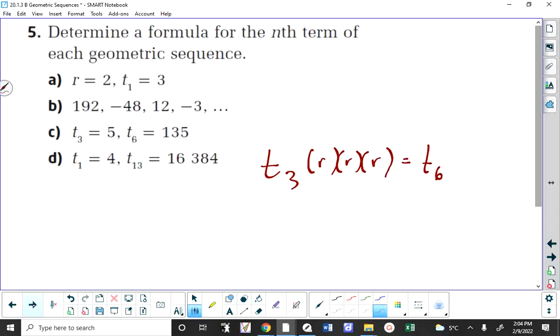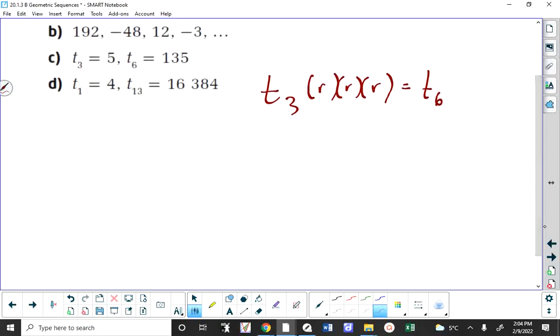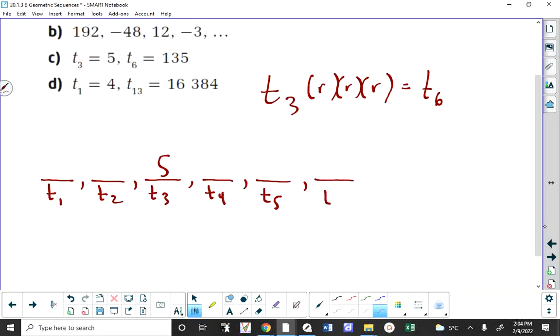So those people do not need to visually draw out and look at what I'm about to put on the board. But what I'm going to put on the board is, there's the first term, there's the second, third. Now we know the third term is 5. Fourth term we don't know. Fifth term we don't know. Sixth term we do know is 135.